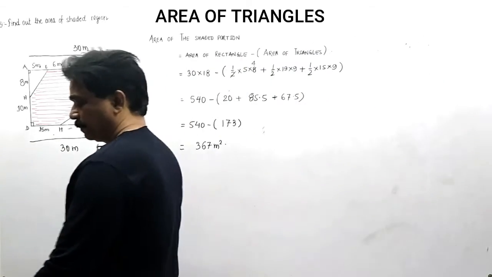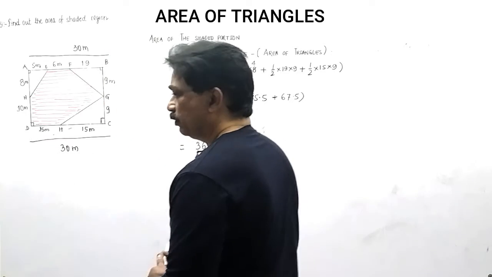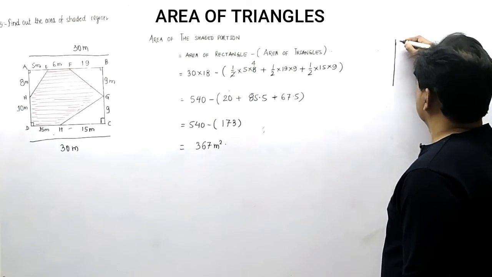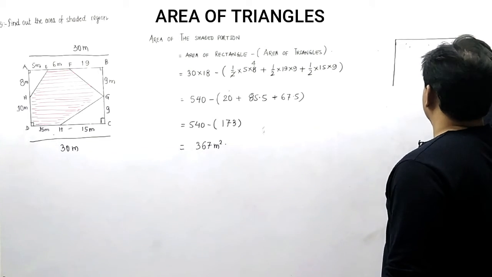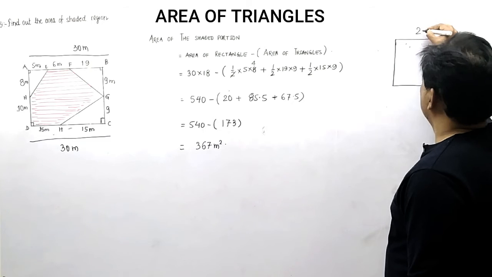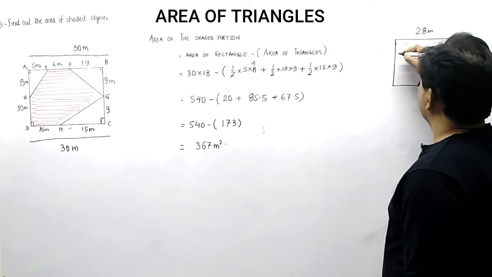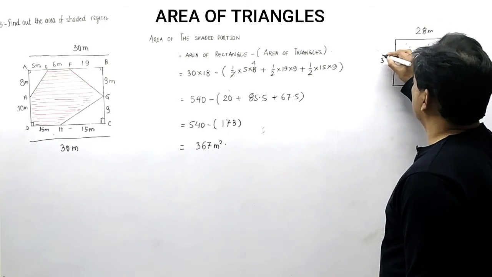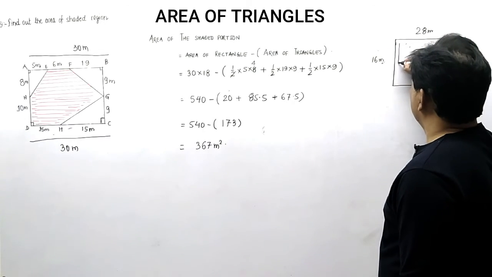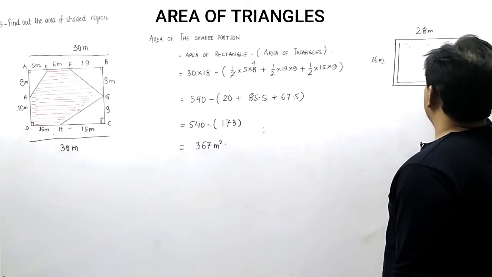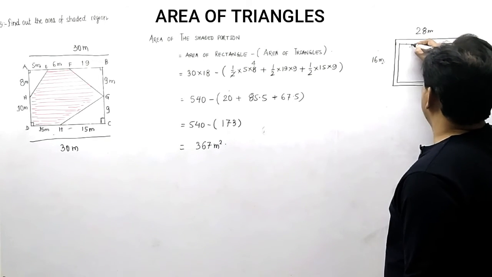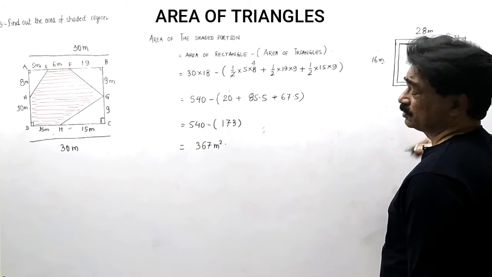Now here we can have a rectangle in which the outer length is 28 meters and the width is, for example, 16 meter, and inside it there is a path which is 2 meter wide from all the sides.